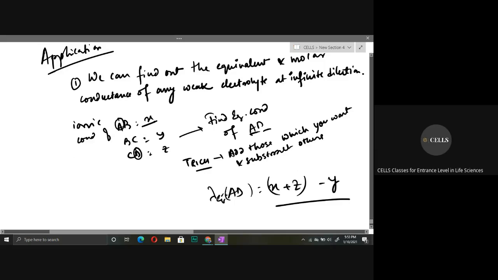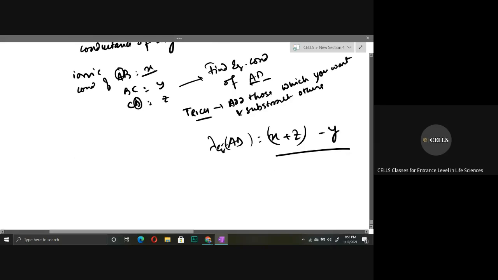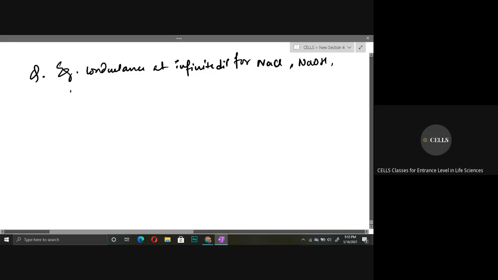So now let me give you a proper numerical for this. Suppose in the question they give that the equivalent conductance at infinite dilution for NaCl, NaOH, NH4Cl are respectively 126.4, 248.1, 149.7.